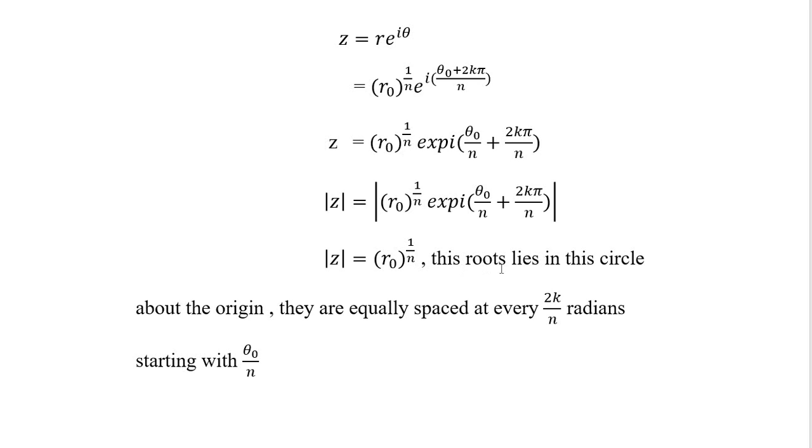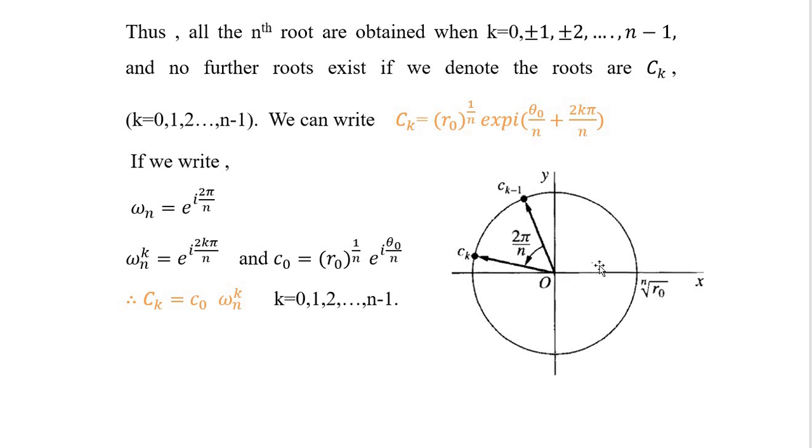That is, these roots lie on a circle about the origin. They are equally spaced at every 2 pi by n radians, starting with theta naught divided by n. So let us see this figure. It is equally spaced with the radians. Every radius is equal because it forms a circle.